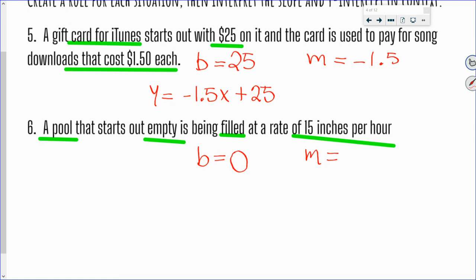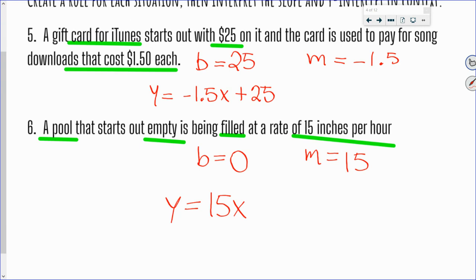What's my rate of change? 15. 15, yes. And so it's y equals 15x plus 0. Or I don't have to put the plus 0. That's pretty easy, really. Isn't it pretty simple to take a real world situation and model it using what we've learned about linear equations?